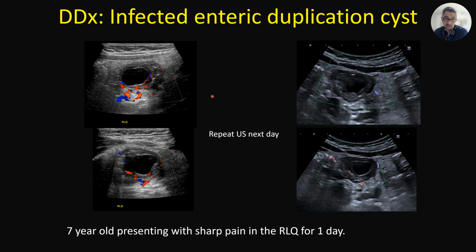So even Meckel's diverticulitis and infected duplication cyst show fluctuation in configuration and size. And this patient, I thought this was going to be a Meckel's diverticulitis, but turns out to be an enteric duplication cyst, which was infected.